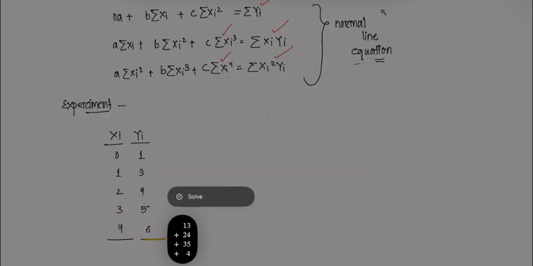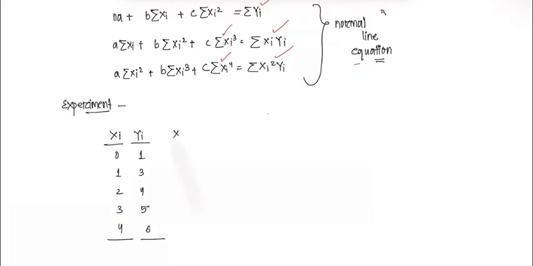So you need to find xi square, xi cube, xi power 4, xi yi, and xi square yi.